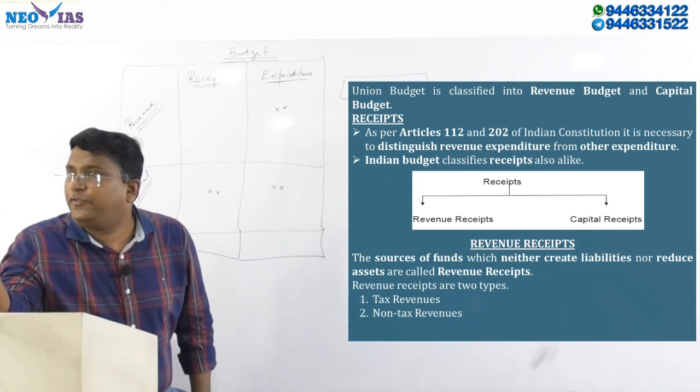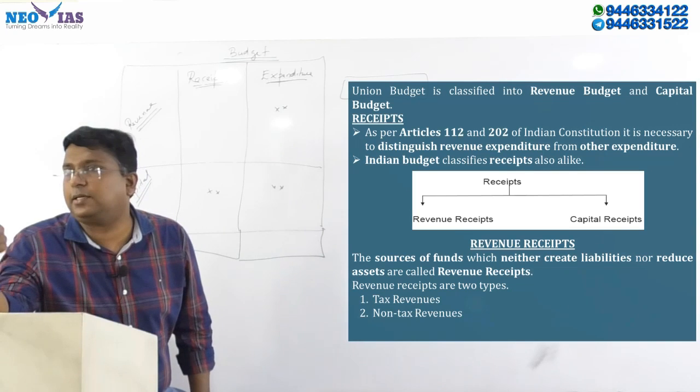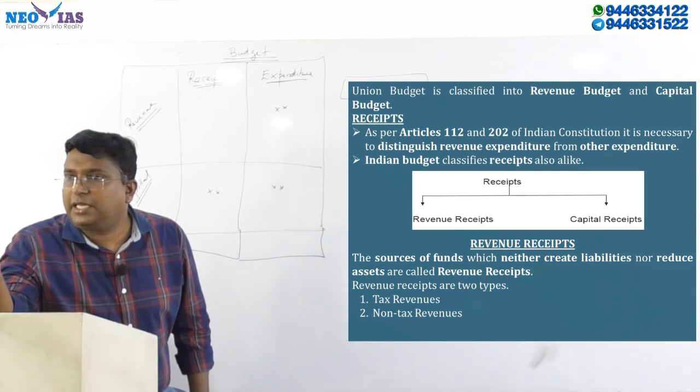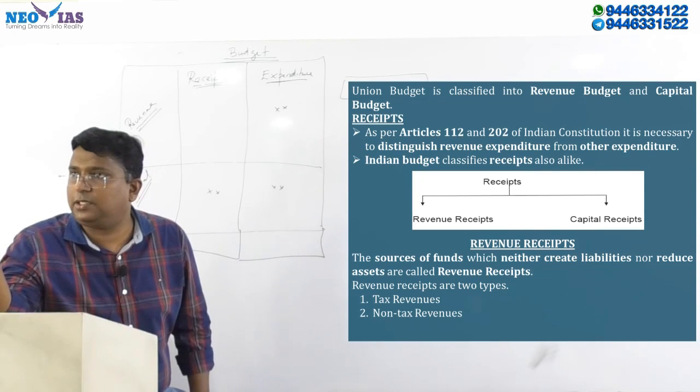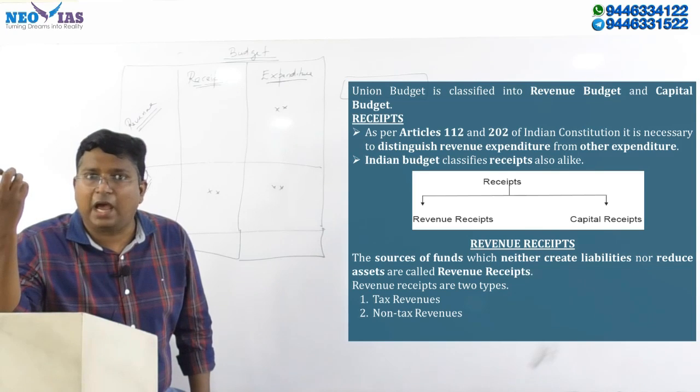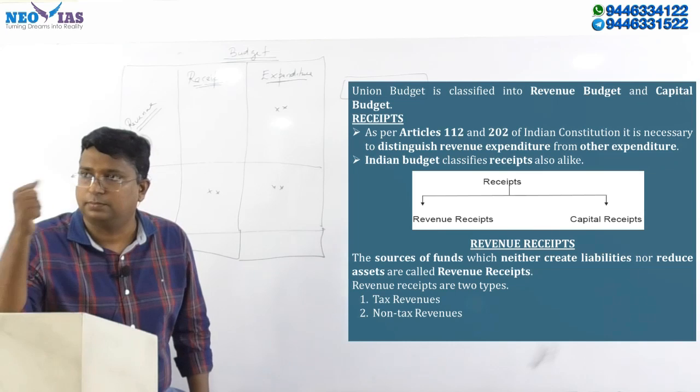Or if you have land, they are all assets. So you sell an asset, you will get a receipt. There is a relationship between, and I am using a very important economic term, asset and liability.